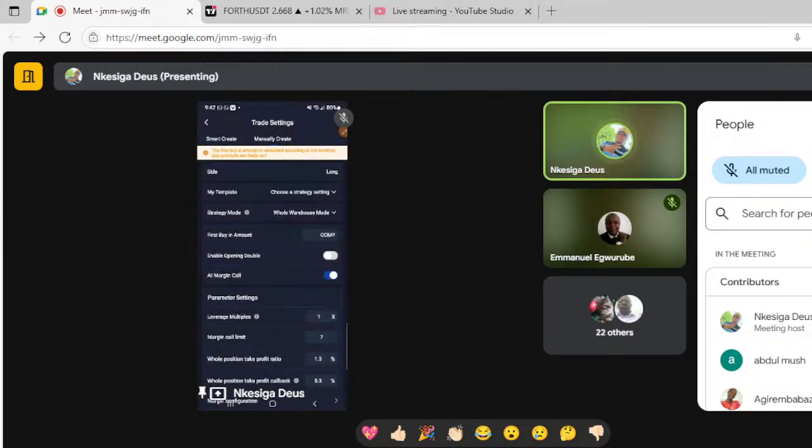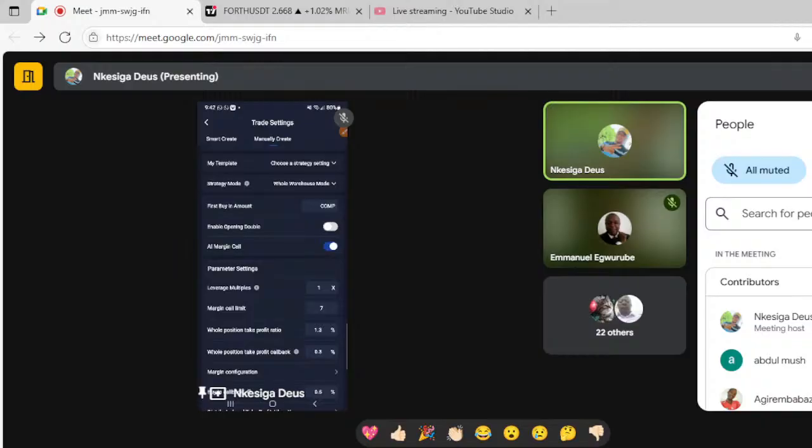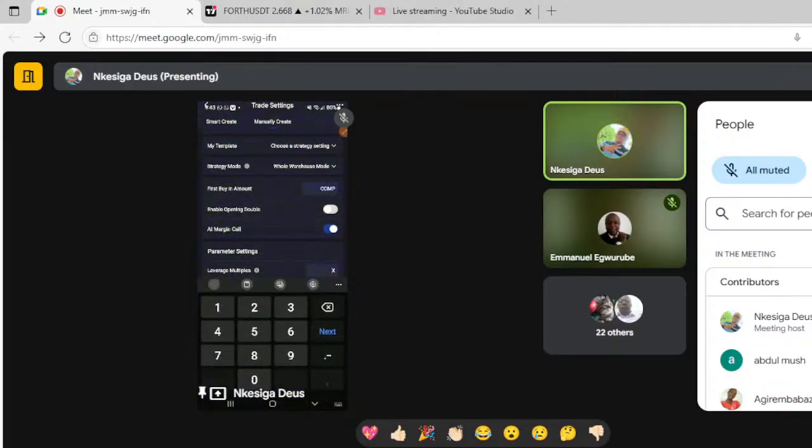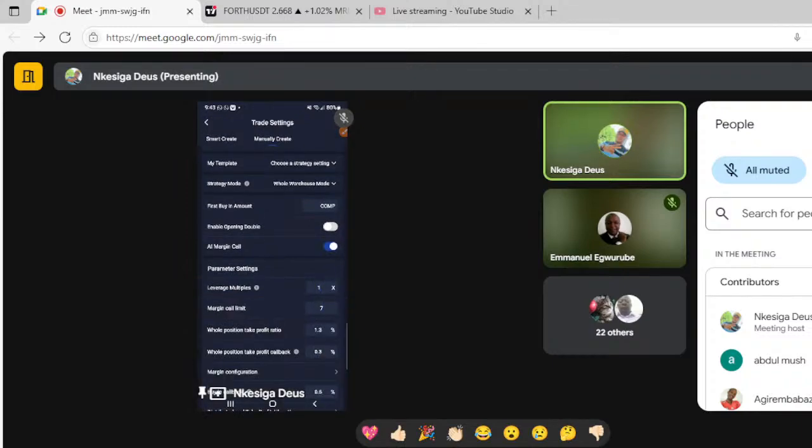If you have a strategy that you have been using, come here and choose it, and make sure that strategy is for futures trading, not spot. But now if I don't have it, I will put my own settings. I will start.